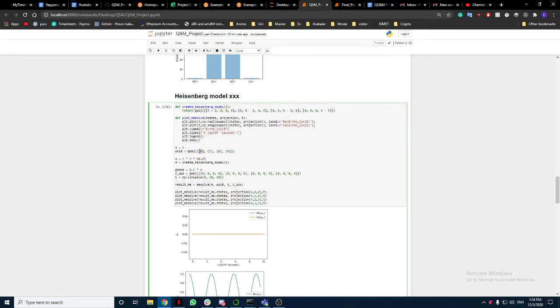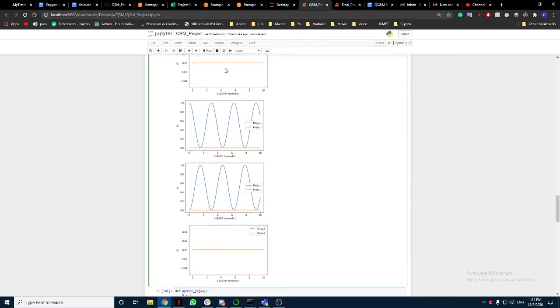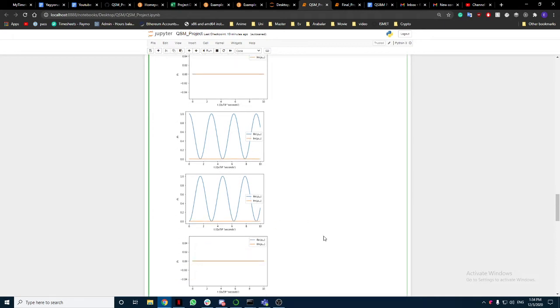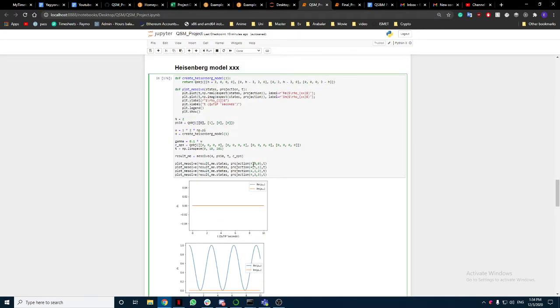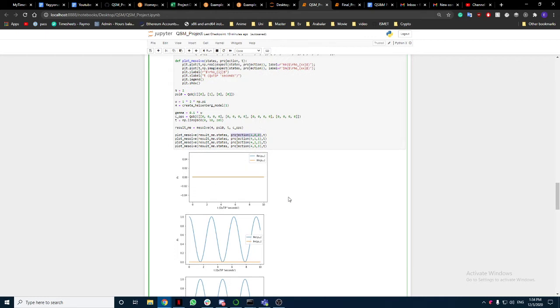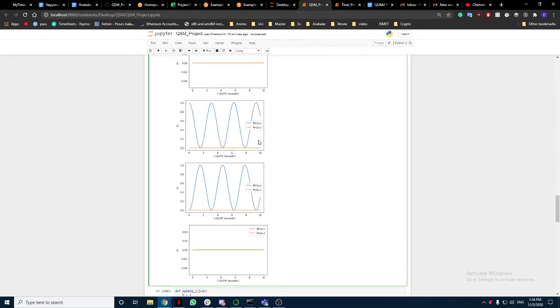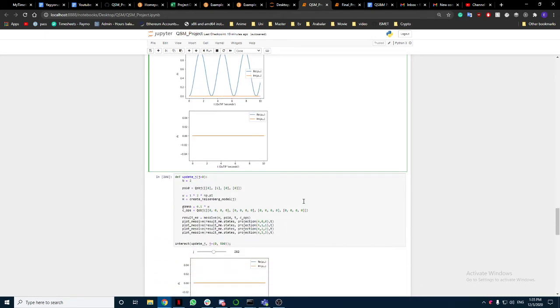If it were 0,0, we would see the oscillation in the other diagonals. I say diagonals because these are just the result matrix's projections, where the first diagonal represents the 0,0 state, and the second one represents the 0,1 state, and it goes on like that.